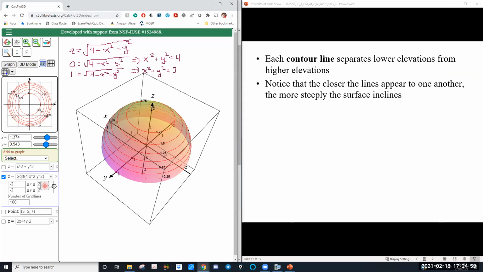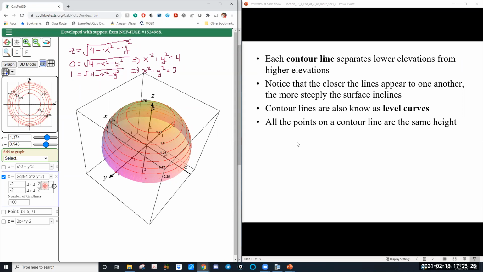See how close they are together where the side of the circle is steep. The farther they are, the more shallow. The closer they are, the more steeply the surface inclines or declines if it's going down. So we expect a higher rate of change if level curves are closer together, and a lower rate of change if they're further apart. Magnitude.